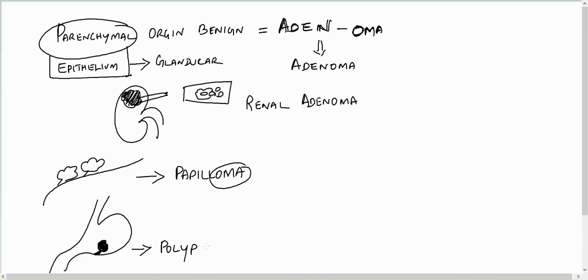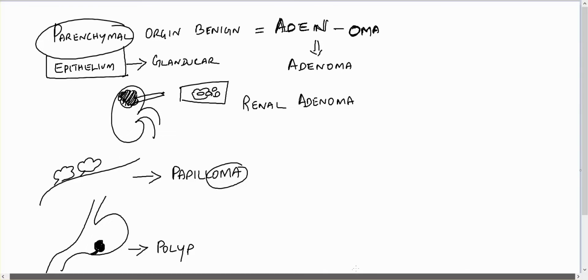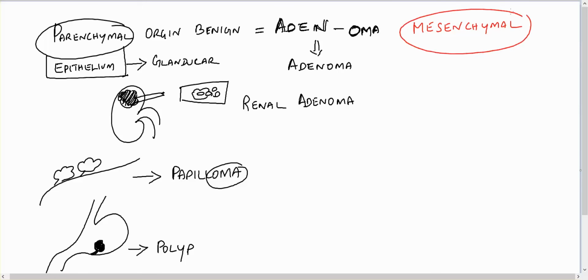And if it is a benign tumor of mesenchymal origin, then if it is of fibrous tissue, we have to put oma, with fibro in the first.